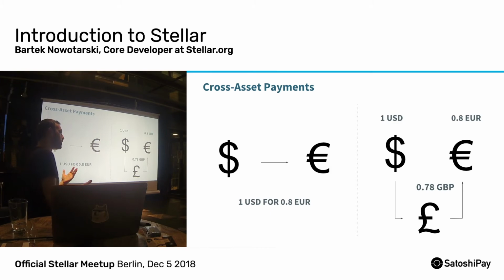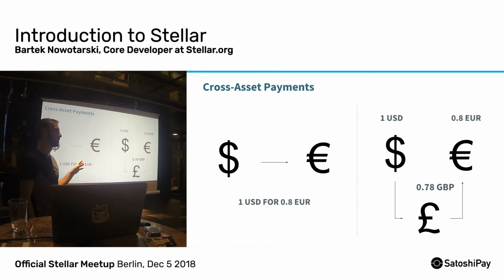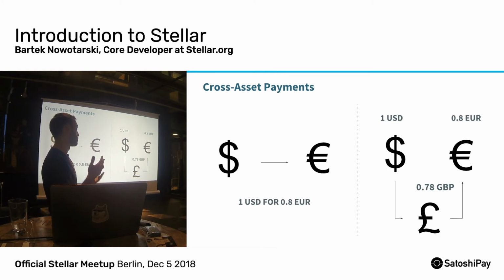What's even cooler is that these paths can have up to 7 assets on them. So let's consider that the market between dollar and euro is super small, or there are very bad offers, and it doesn't make sense to basically trade because you will lose a lot of money.